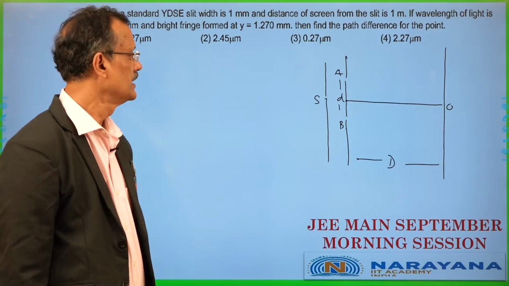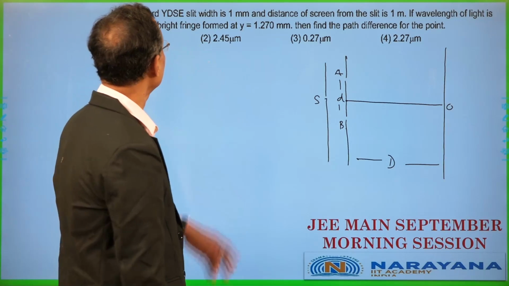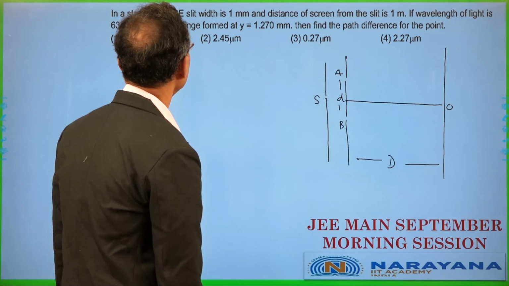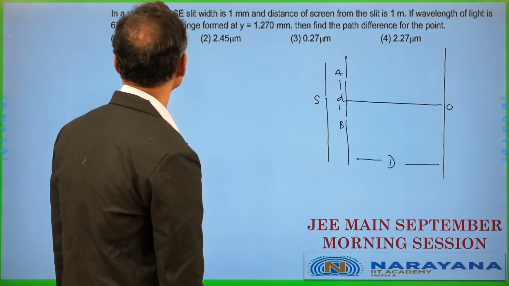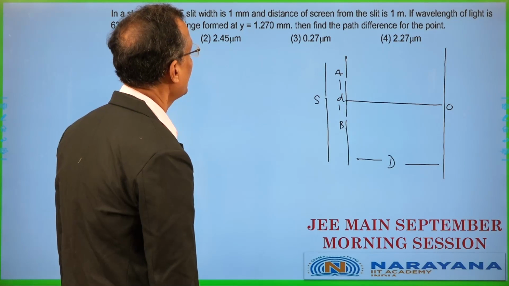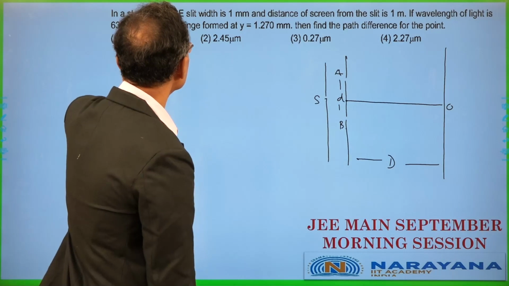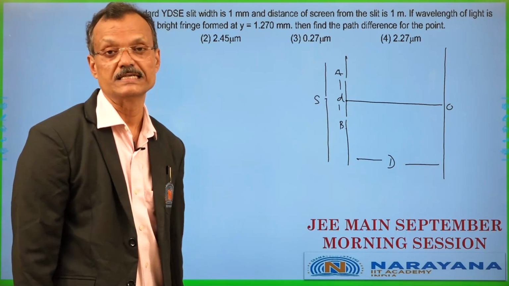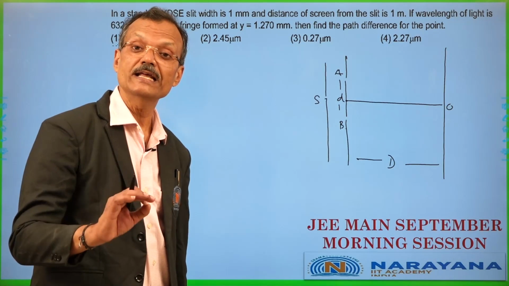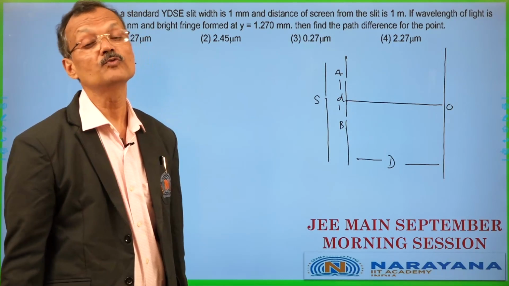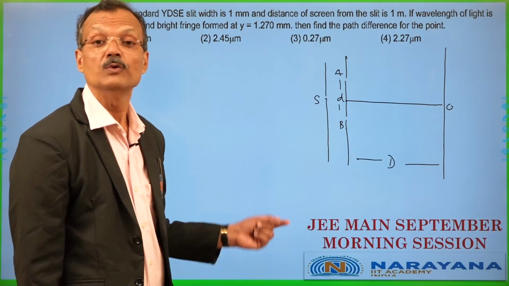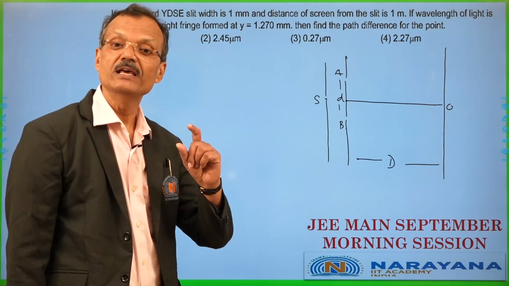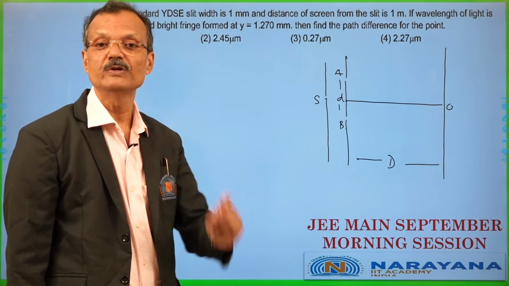Clear to you? Now, they have given you in YDSE a slit width of 1 millimeter and the distance of the screen. It is not slit width, this is the separation between two slits. Slit width you get in diffraction. In YDSE, they will be giving you the separation between two slits.